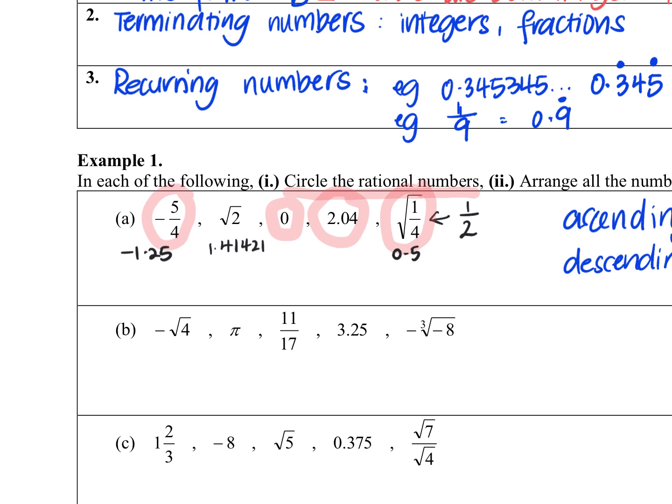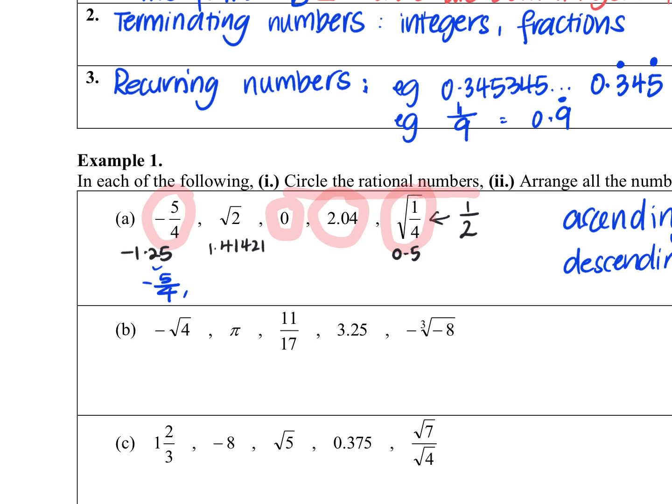Okay, so we're going to arrange from small to big. The smallest number will always start with the negative number first that we have. So in this case, the negative number will be -1.25, but we write the original fraction given in the question itself. So it's -5/4 first, followed by the next number, okay, more than a negative number.